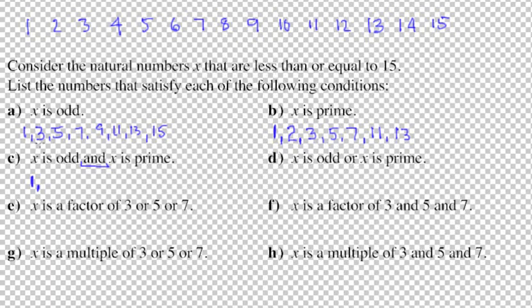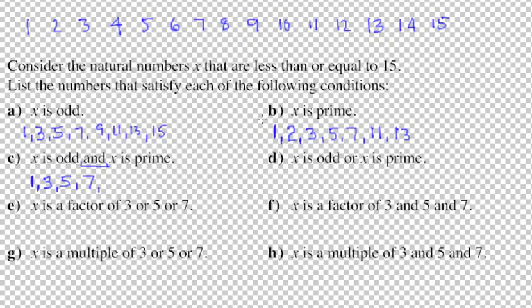I don't want to get into it any further. 3 is odd and prime. 5 is odd and also prime. 7 is odd and also prime. 9 is odd but not prime, so that one doesn't count. You have to be both of these things to qualify for group C.